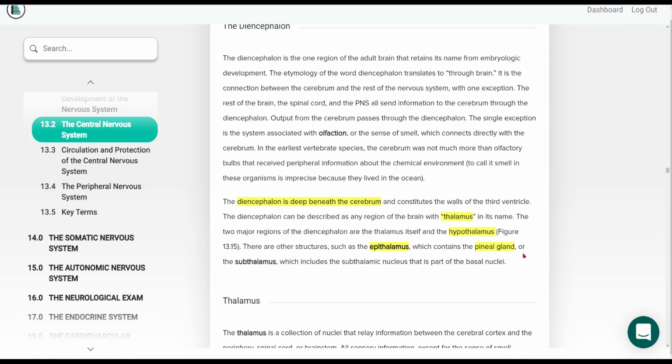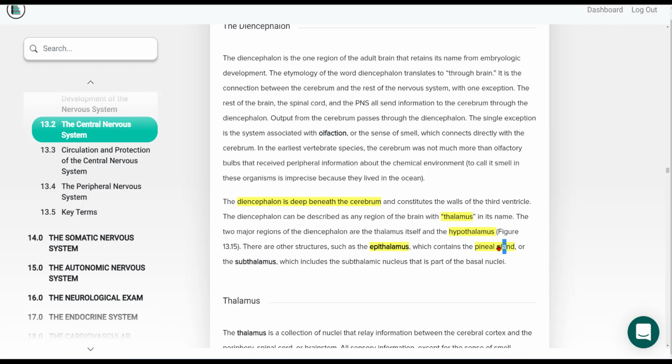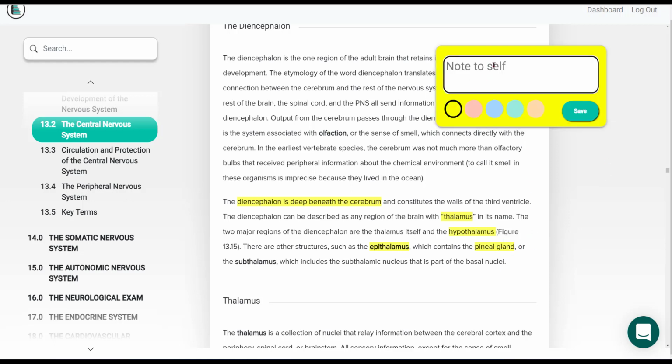The pineal gland is a gland found in the epithalamus. I'll go ahead and tell you now. You can write it down. But the pineal gland is the gland that makes melatonin. You may have heard of melatonin. It's a hormone that helps to regulate sleep patterns, and it is produced here in the pineal gland.